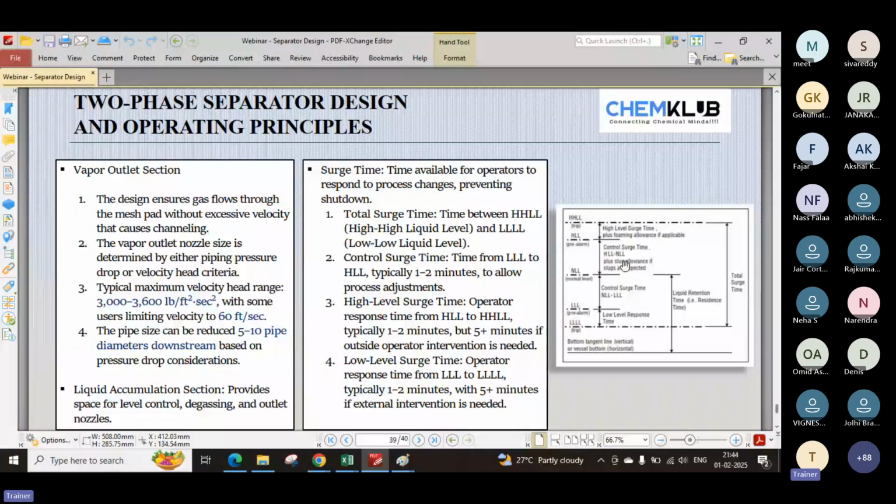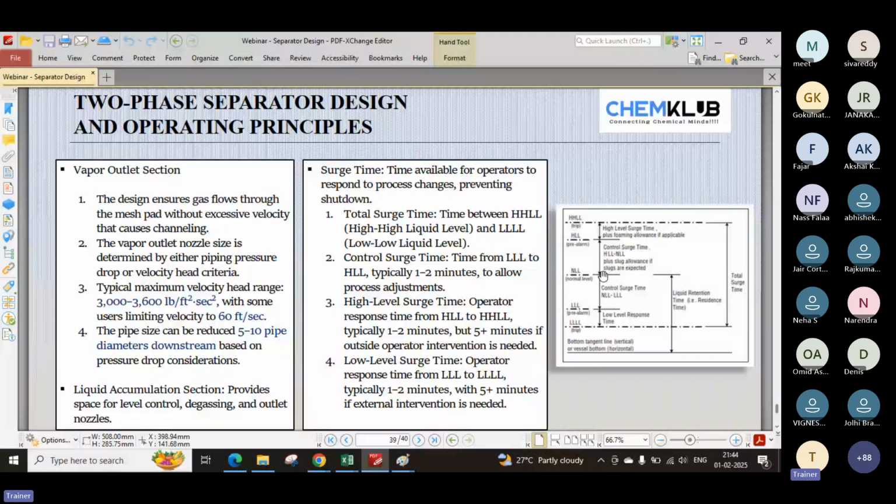And this is what we are talking about: low low liquid level, where the trip happens, or the tripping of a downstream shutdown valve or pump happens. Low liquid level means it is giving an alarm to the operator. Normal liquid level is where we operate on a normal day.